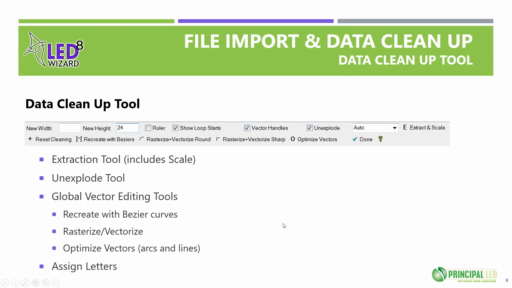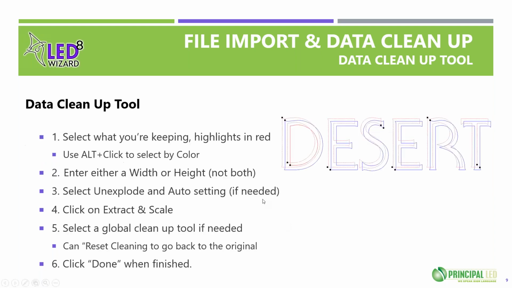And I have 7 files today that I want to go through, and it's a consistent workflow through the software in terms of this process. So what that workflow looks like is, again, select what we want, and we can select by color, and I'll show you that actually on this file.